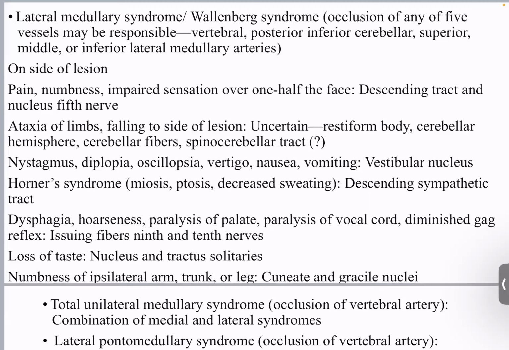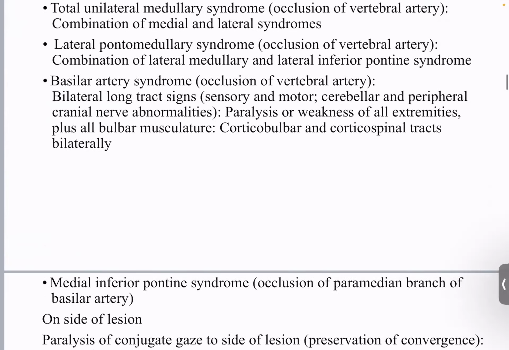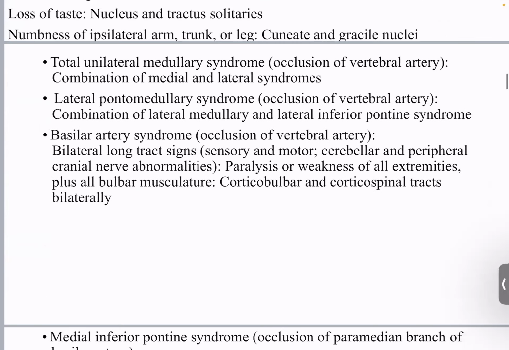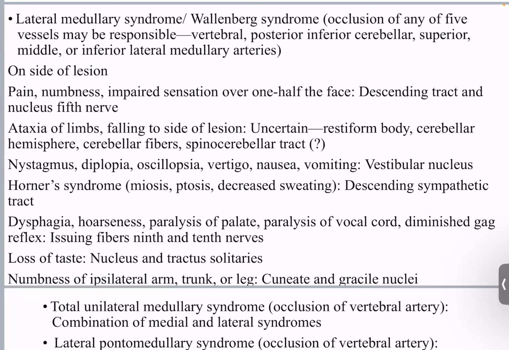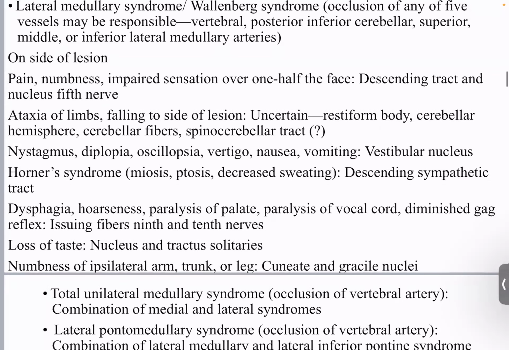Then we have sympathetic pathway involvement, causing Horner syndrome. Pain and temperature sensations will be lost, but the dorsal column sensations will be intact in lateral medullary syndrome because the medial lemniscus is not involved. Then we have other cranial nerve findings.